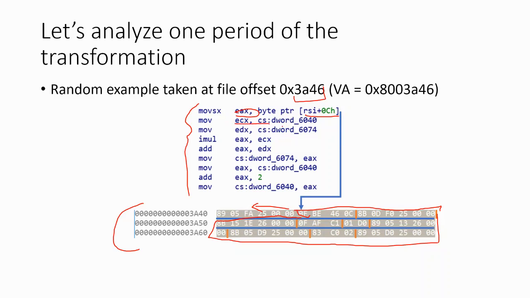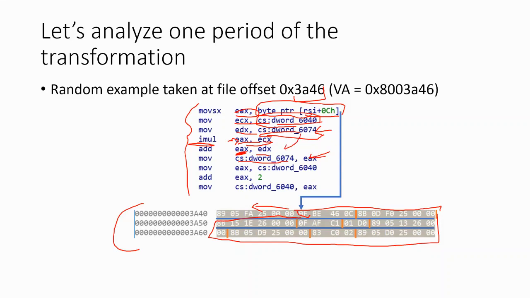Then we have a move into ECX from the dword pointer at 6040 relative to the instruction pointer, and a move into EDX from 6074. So let's see what happens. EAX is multiplied with ECX. In other words, this value here is multiplied with this value here. Then the result is added to this value here. This result, which is now in EAX, remember imul only changes the destination operand, gets stored into 6074.